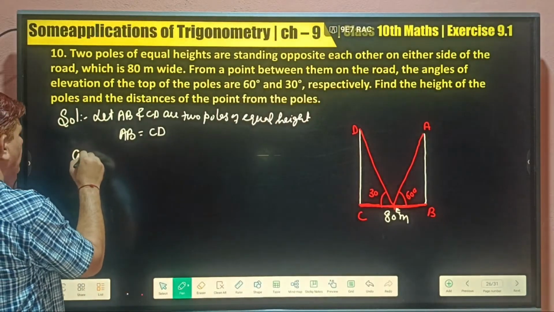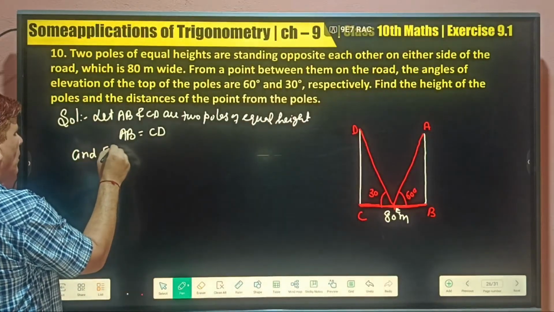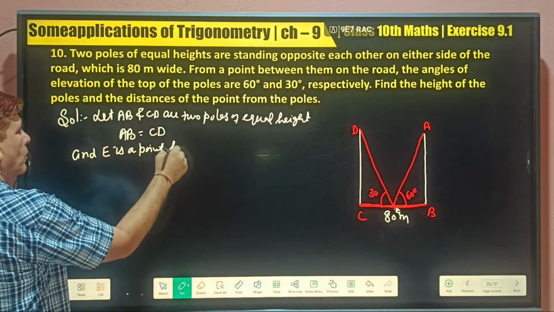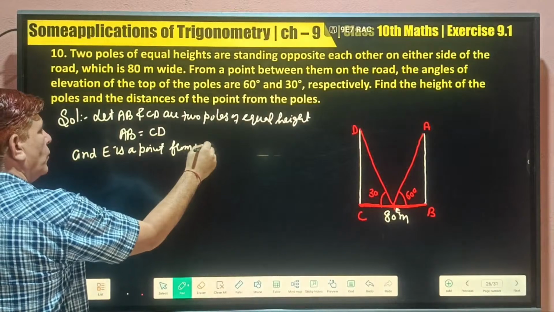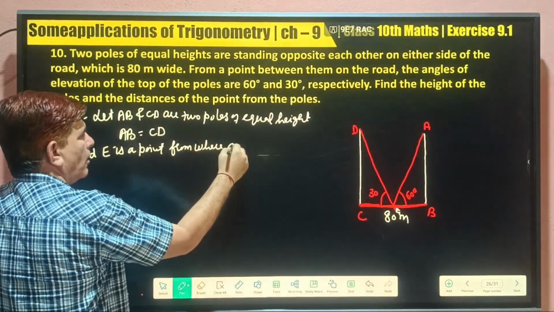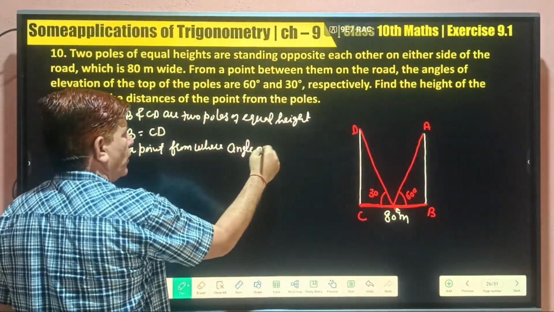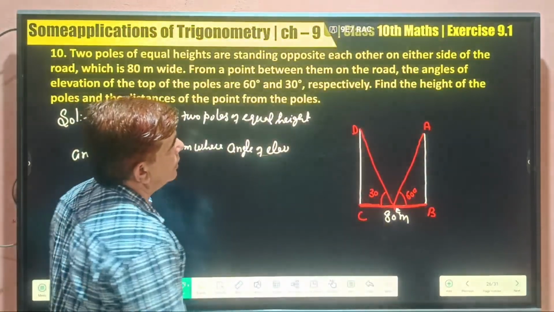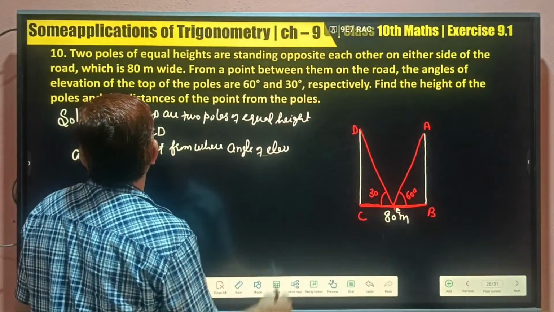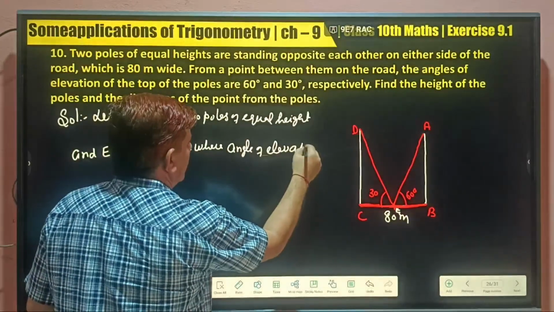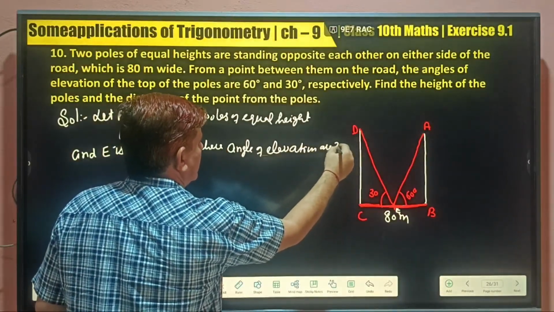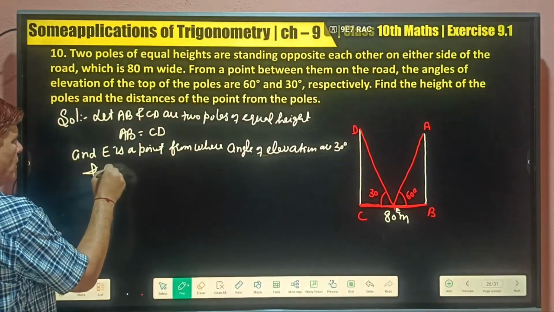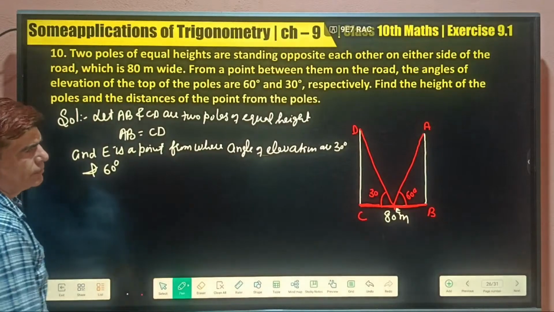And E is a point from where the angles of elevation are 30 degrees and 60 degrees.